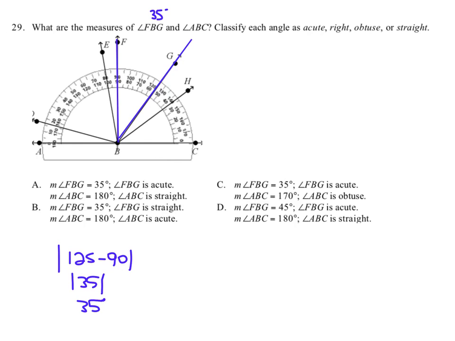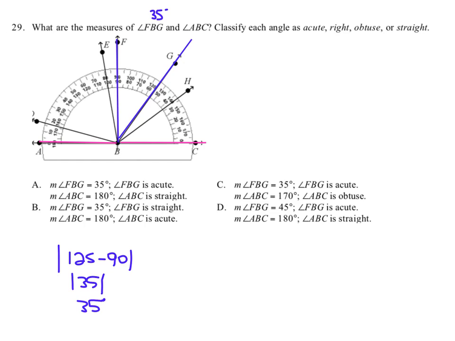So next we say they're asking us about angle ABC. So we start here at A, run through B to C. And as you can see, that appears to be a straight angle measuring 180 degrees, right? Because what you get is you have it starting at 0 on the outside track, going all the way over to 180 on the outside track.